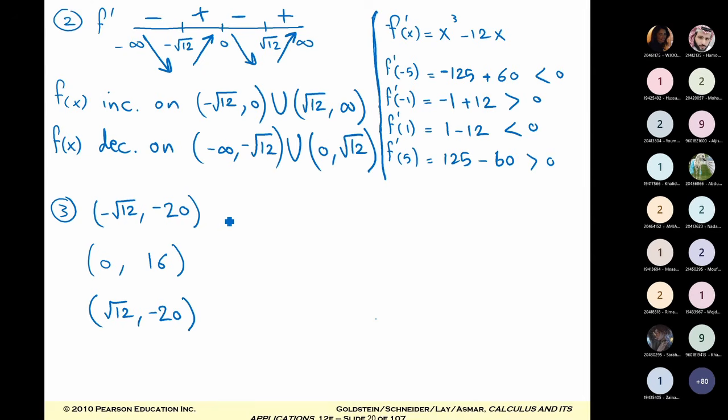The first point, maximum or minimum? This is local minimum. Sorry. This is minimum. And this is maximum. And the last one also minimum. Okay.